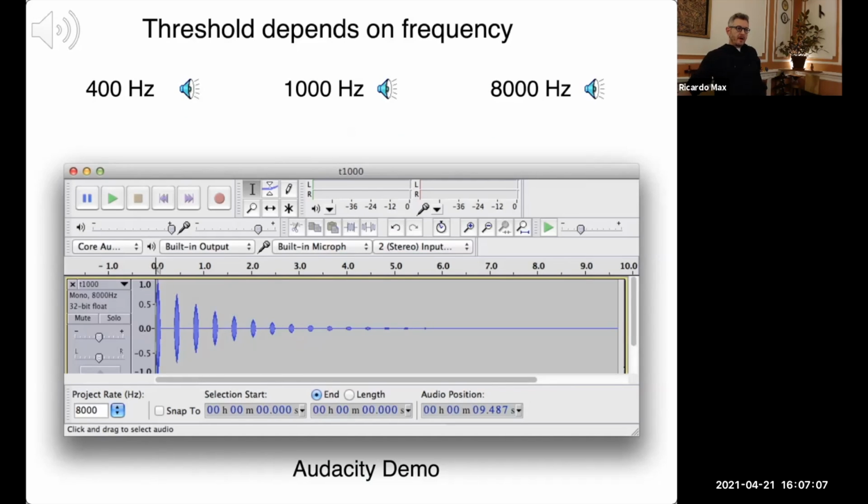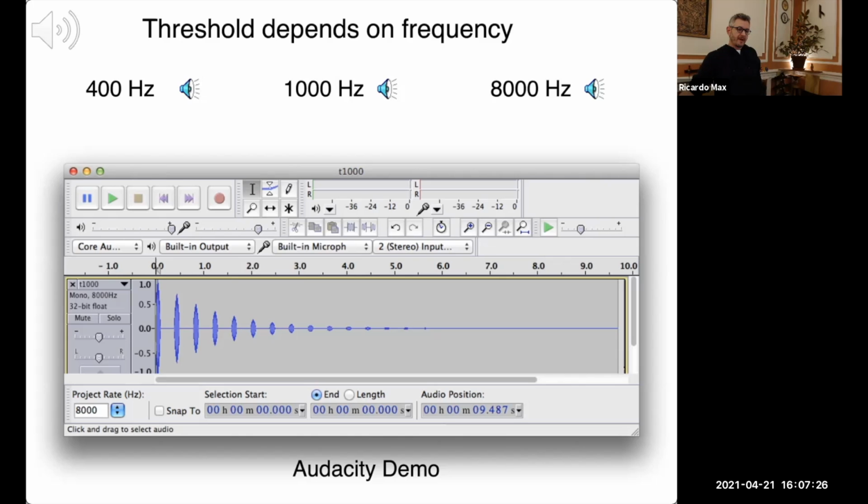Okay, so the threshold for our system, the minimum amount of sound for us to perceive sound, the minimum amount of amplitude, depends on the frequency of the sound.